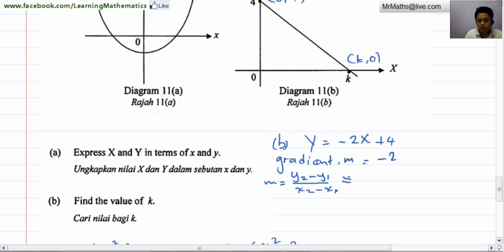Let's give the 4 as y2. So 4 minus 0 over 0 minus k equals minus 2. Then 4 is equal to 2k, so k is equal to 2. There you go. There you get it.